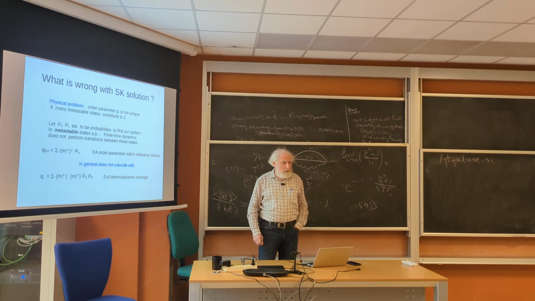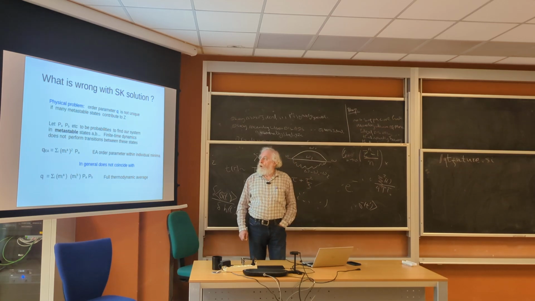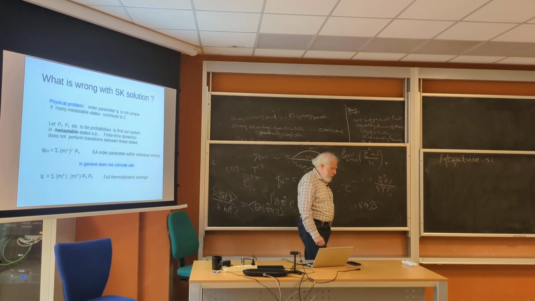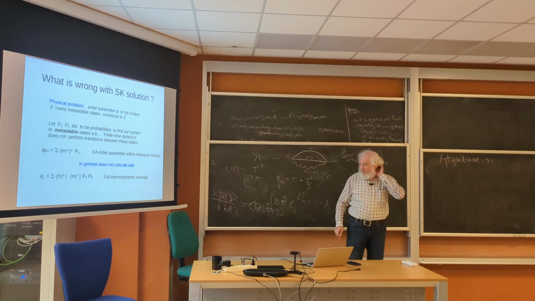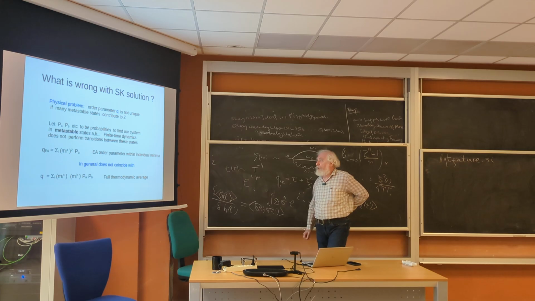But there is an exponentially large number of them, as I mentioned in the lecture about Thouless-Anderson-Palmer equations. So you can find a system in one of many metastable states, denoted here by letters A, B, and so on.